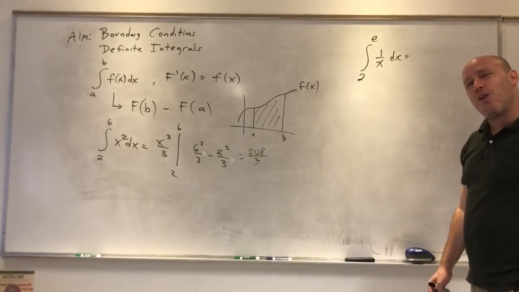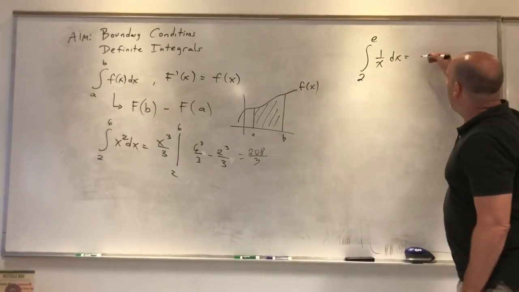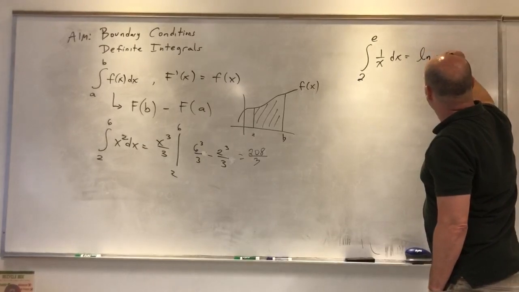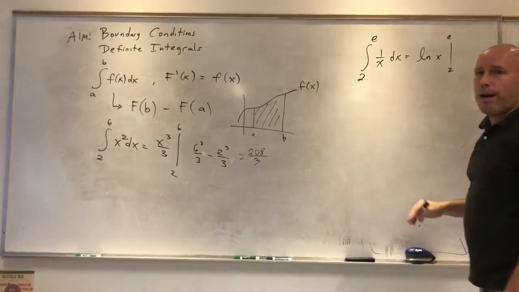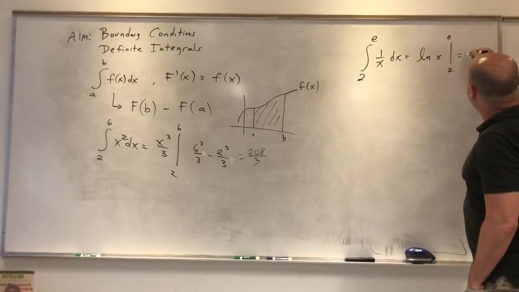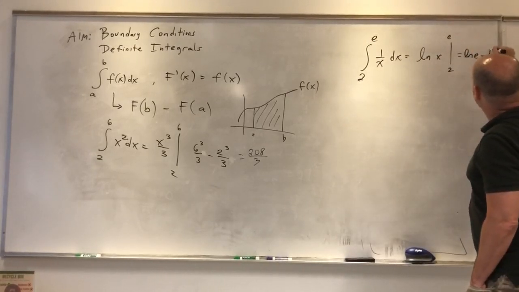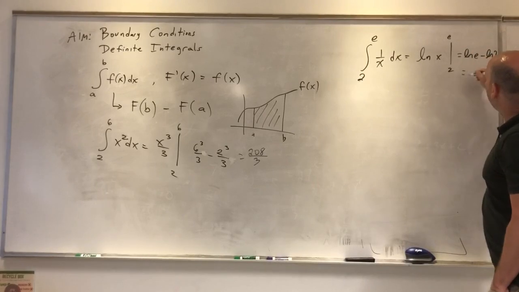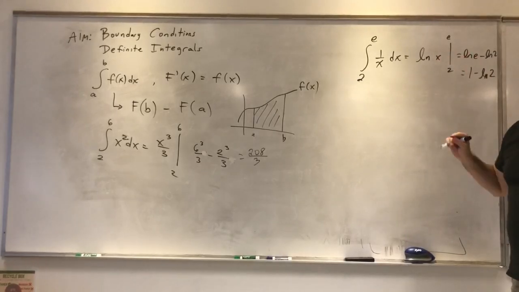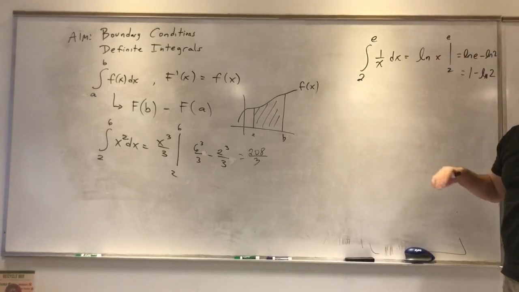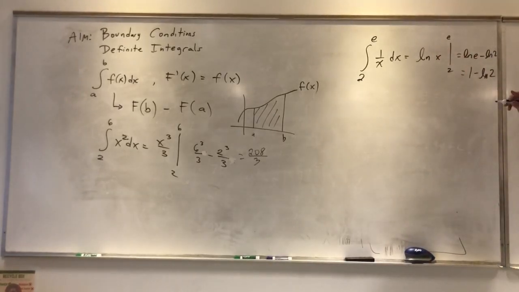What's the integral of 1 over x? It's ln of x from 2 to e. So it's ln of e minus ln of 2. Final answer, 1 minus ln of 2. You need to know your e's. They might say e squared, e cubed. They like that stuff.